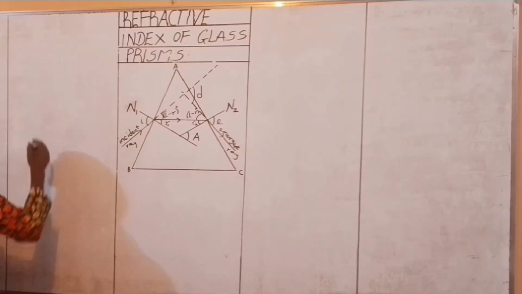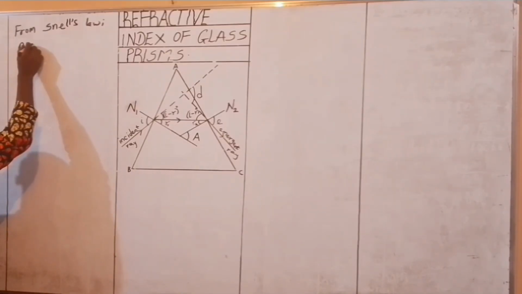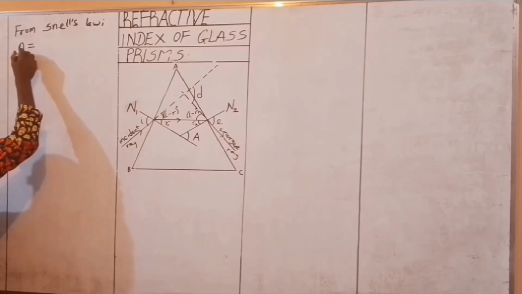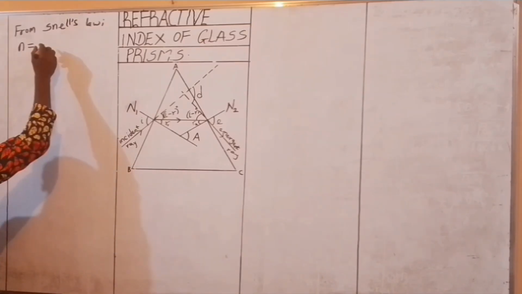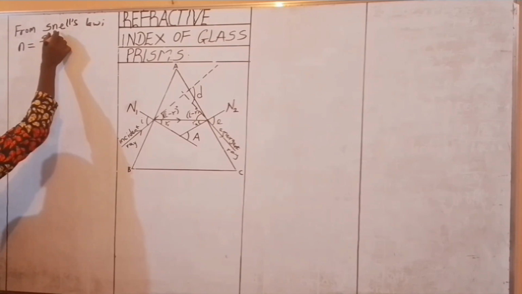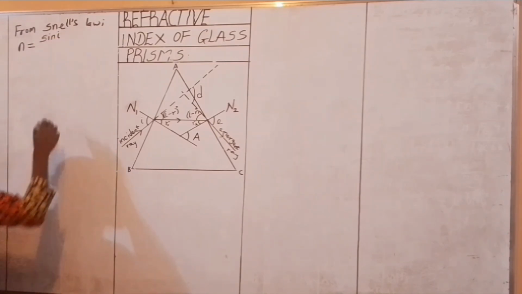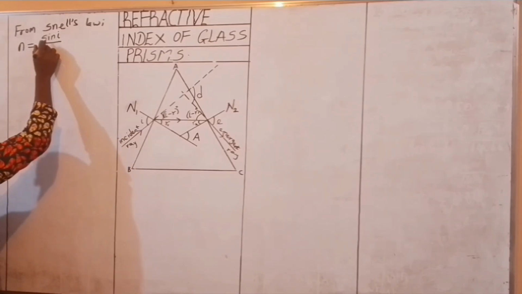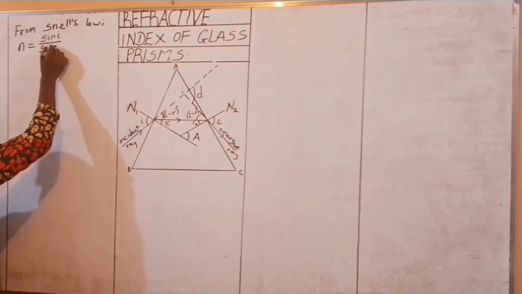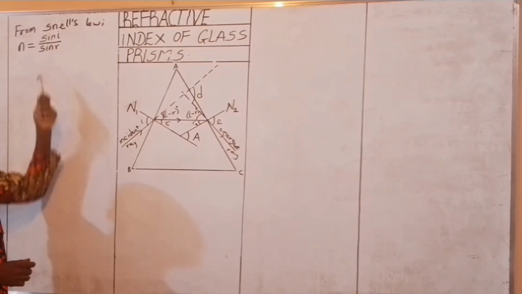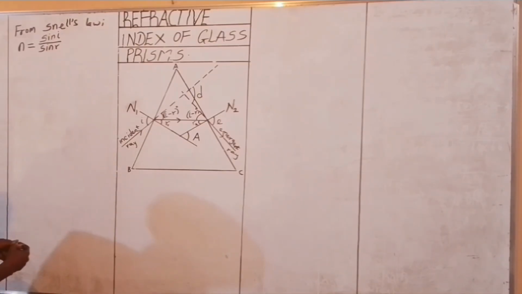According to Snell's law, the refractive index of any refractive surface is represented by n. n is equal to sine of the angle of incidence, sine i, divided by sine of the angle of refraction. So this is the basic law of refraction, which is the second law, or Snell's law.